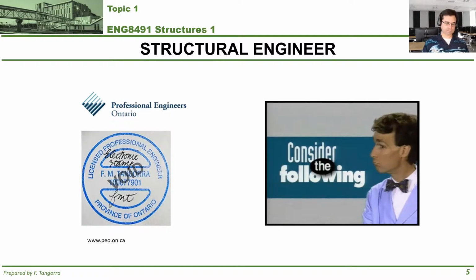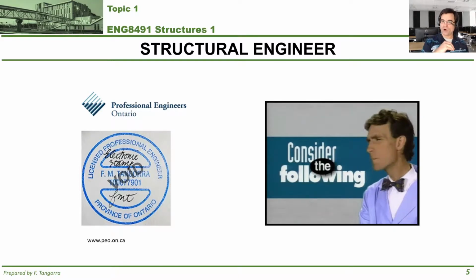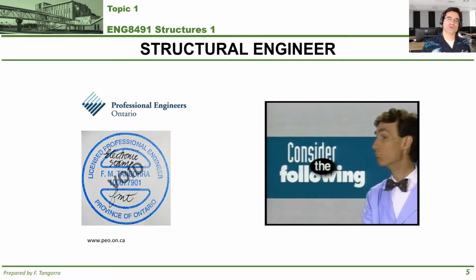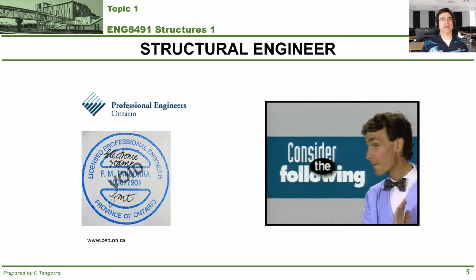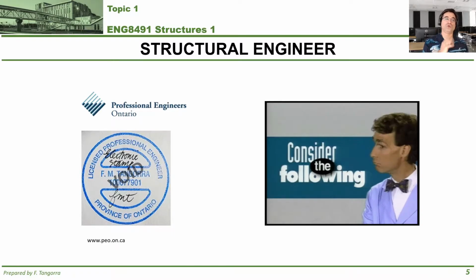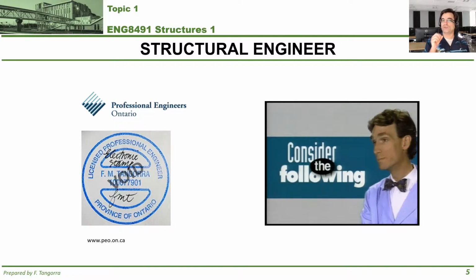In every province and territory, the bodies regulating engineers, structural engineers for that matter, are self-regulating. That is, they make up their own rules, which all professional engineers in that province and territory must follow.